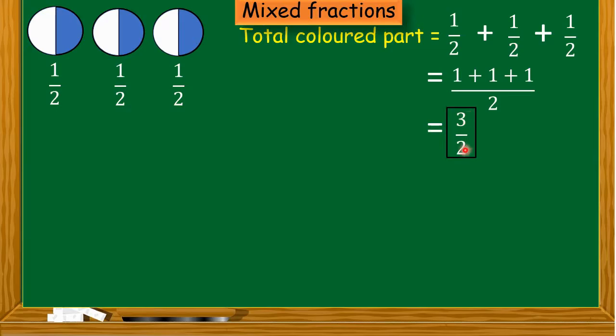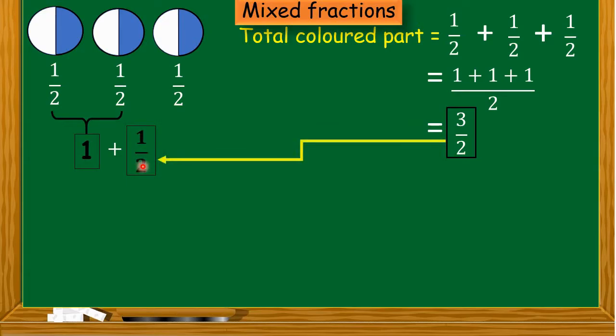Now, here this half plus this half is equal to 1. And we have here one more half, that is 1 upon 2. Hence, this 3 upon 2 can also be written as 1 plus 1 upon 2, which can also be written as 1 and 1 upon 2.